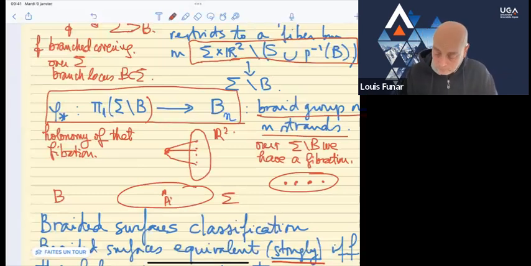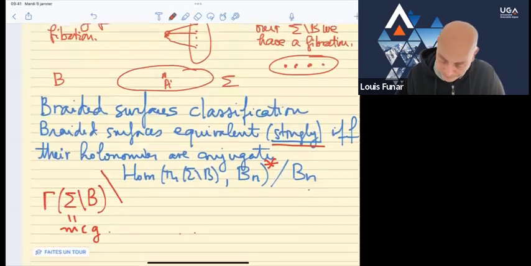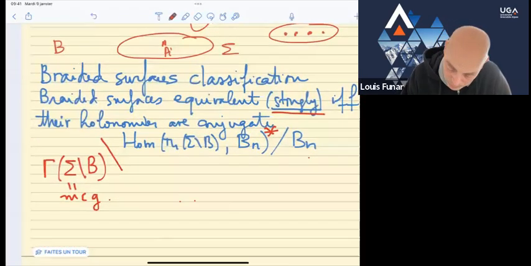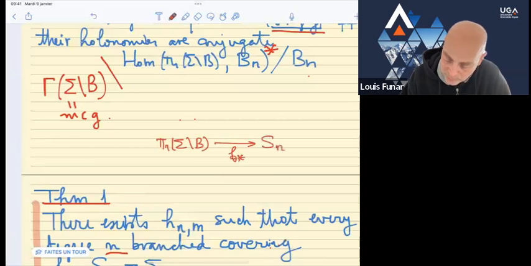And now one should remark that this homomorphism is just a lift. So you have pi1 of sigma minus B, which has the branch covering holonomy F star going into the symmetric group on n elements.